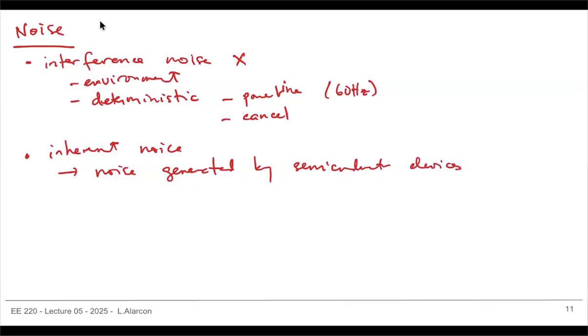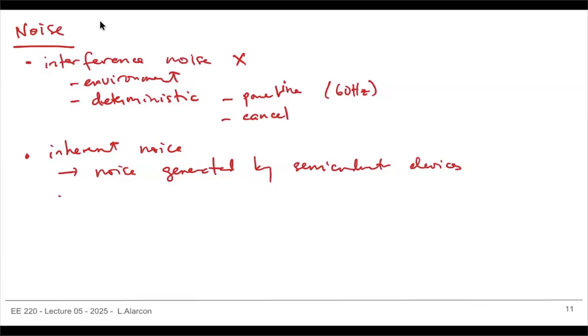So this is the more sophisticated, more complex, harder to remove noise, because it is generated by the circuits themselves. If you build a transistor circuit, if you build an amplifier out of transistors, those transistors themselves are generating noise. And as a result, this limits how small of a signal you can process.